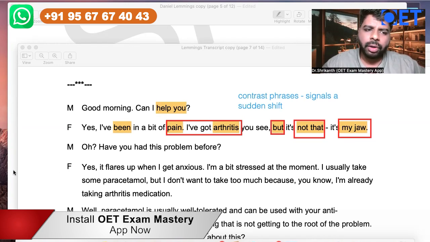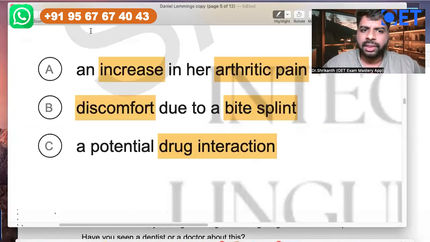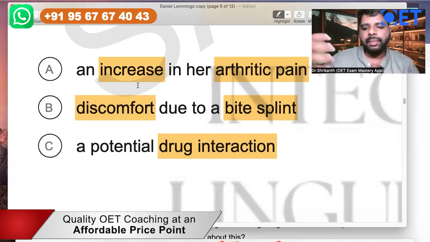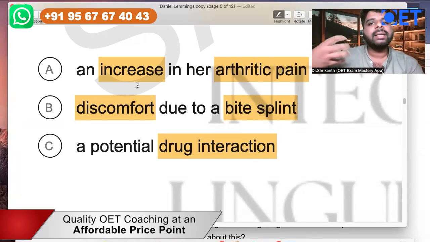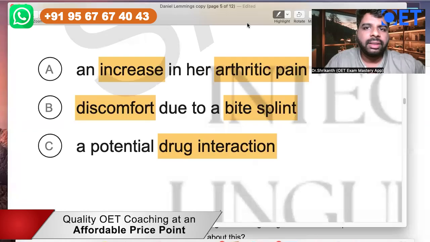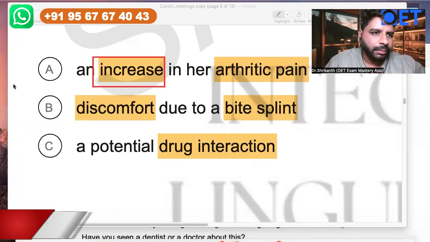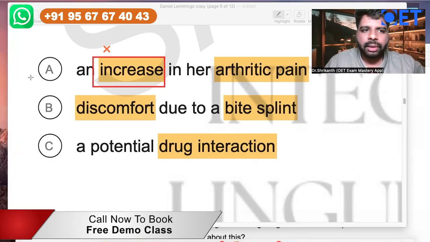Now, what is the verb over here? What is the verb in answer option A? The verb in answer option A is increase. Now see, verb means an action. Okay. So an increase in arthritic pain. So this keyword over here, the word increase, is not mentioned. And also they are talking about arthritic pain.